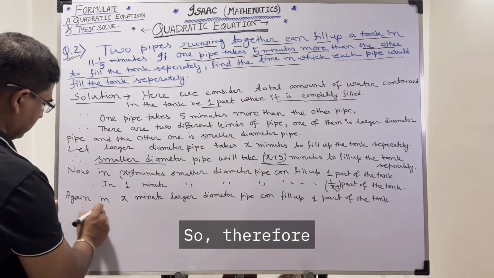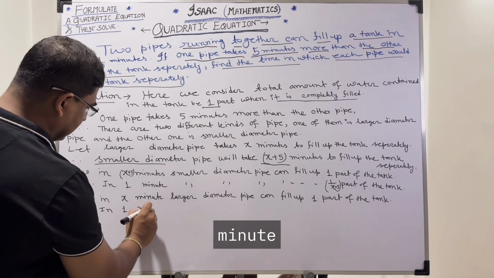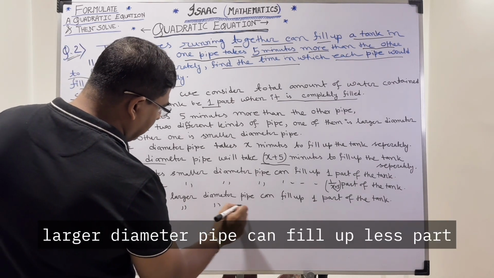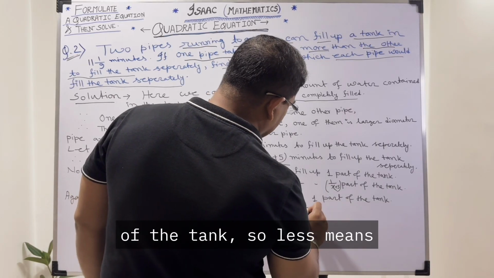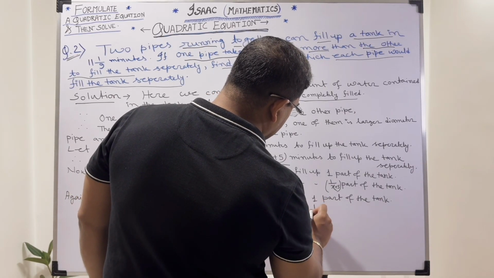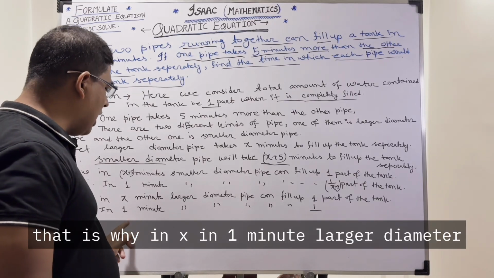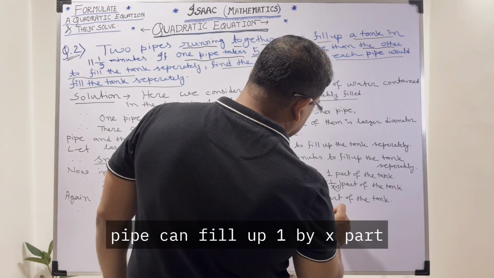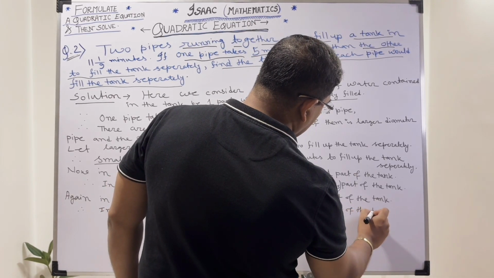So therefore in 1 minute the larger diameter pipe can fill up less part of the tank. Less means, according to the unitary method, divide. That is why in 1 minute the larger diameter pipe can fill up 1 by x part of the tank.